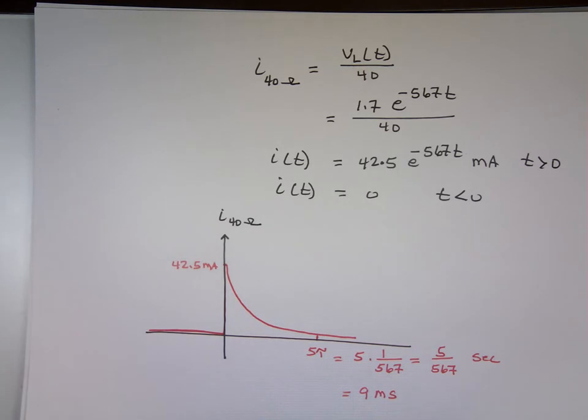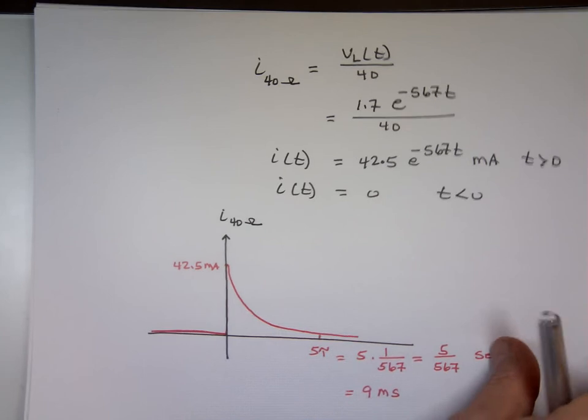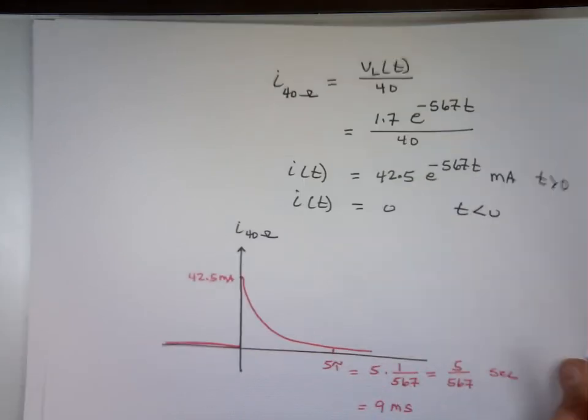So that's how we handle a circuit that's not a source-free circuit. All the problems we did last class and today were either RL or RC. We did not touch RLC. You're in for it next class.